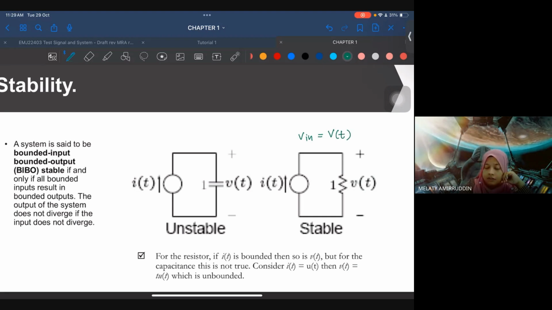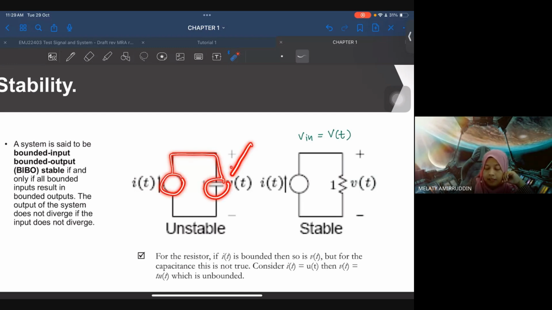Okay, it is different from this. Voltage here will be stored in the capacitor, an unstable system. Voltage input is stored in the capacitor.